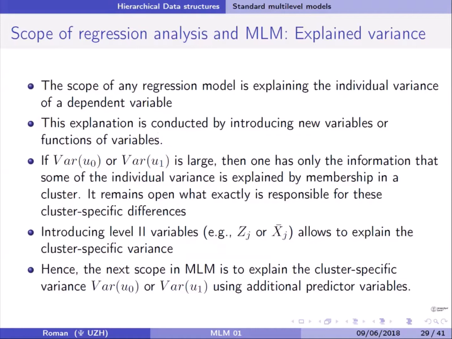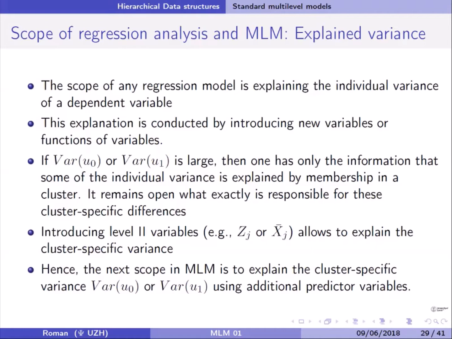So let's talk about explained variance. The scope of any regression model, the goal, is to explain the individual variance of a dependent variable. This explanation is conducted by introducing new variables or functions of variables. If the random intercept variance or random slope variance is large, then one only has the information that some of the individual variance is explained by membership in a cluster.